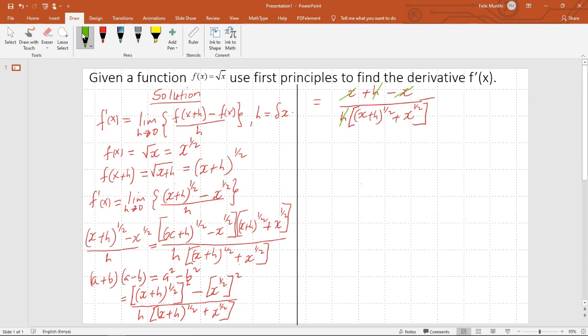What we end up with is the numerator now 1 all over x plus h power half plus x power half.